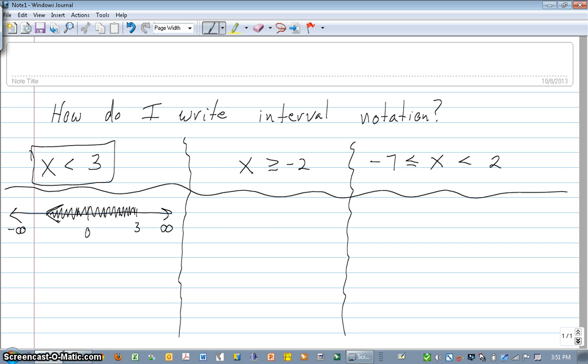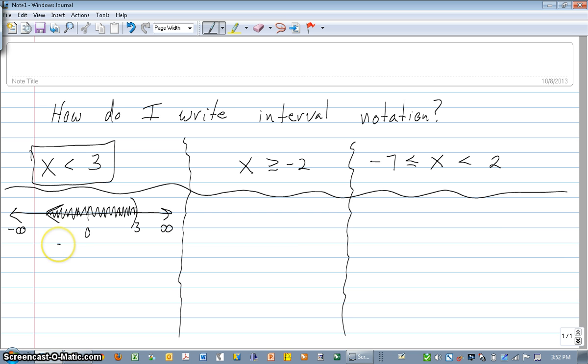Since there is no underline, it's just strictly less than, that means we do not want to include the 3. Sometimes you'll see people put a big open circle at the 3. Instead, I'm going to use a parenthesis, because the parenthesis is what we're going to use in the interval notation.